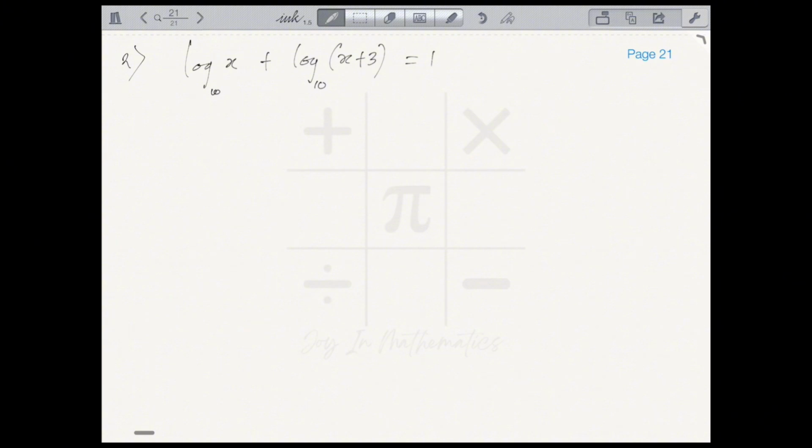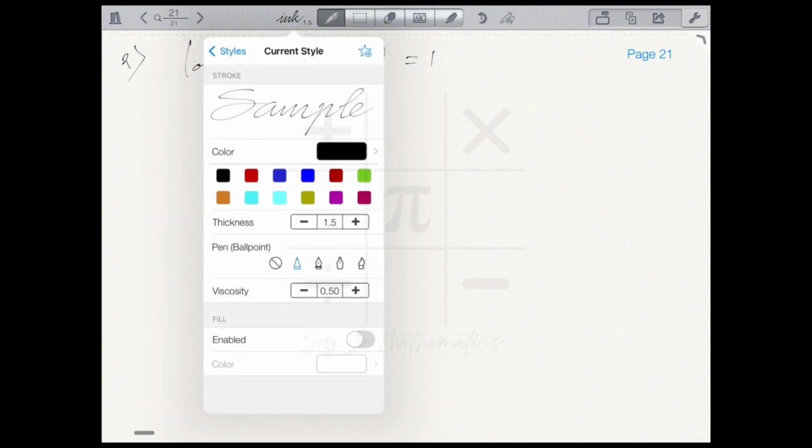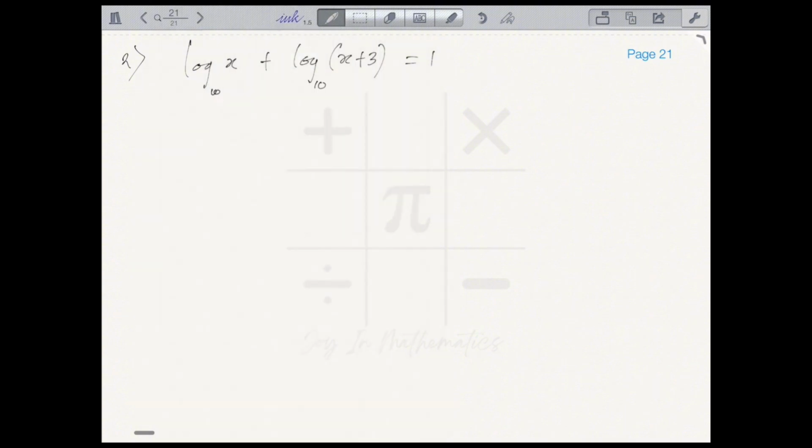Now we can see yes, they have the same base, and this is addition. Definitely if it is addition, we are going to apply our addition law that says log pq to base b will be equal to log p to base b plus log q to base b.